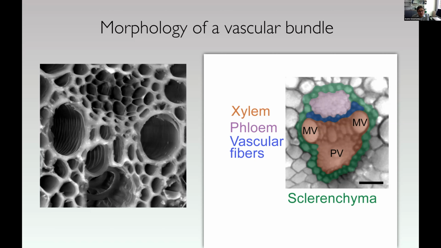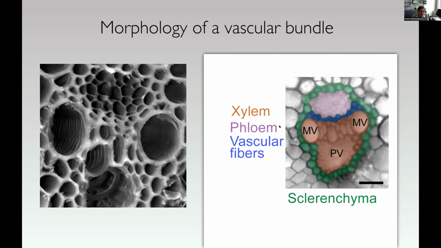These cells have very thick cell walls, and they play a structural role. In addition, the green color is sclerenchyma cells, which surround the vascular bundle and separate it from other tissues in the stem.